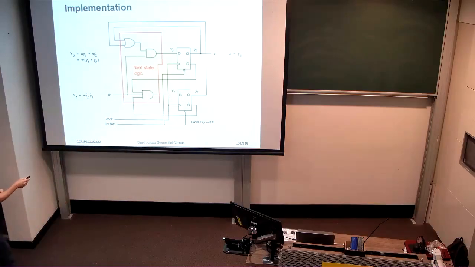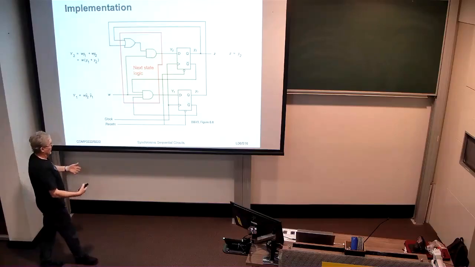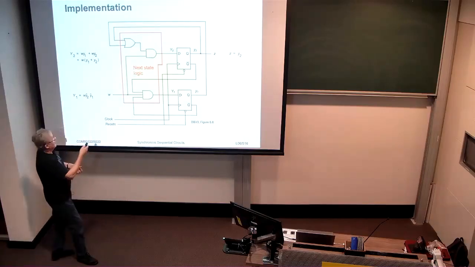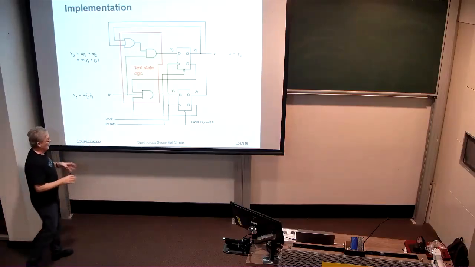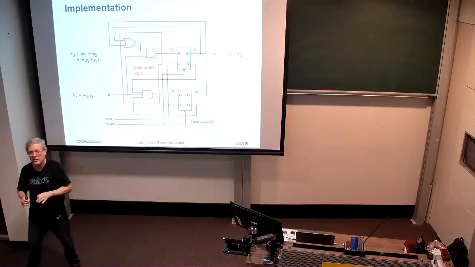As for the upper input, well, neither Y2 nor Y1 are 1 when we first see our first 1, because the state of the flip-flops is going to be 0, 0, and therefore the input to the top flip-flop is still going to be 0. So we will move with the first W from the state 0, 0 to the state 0, 1.